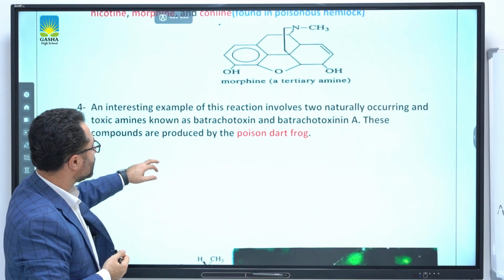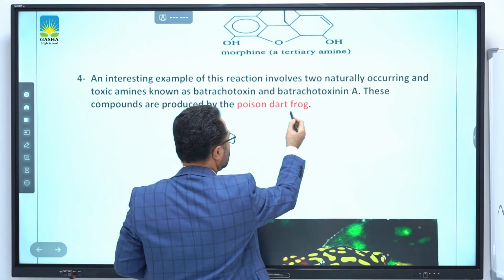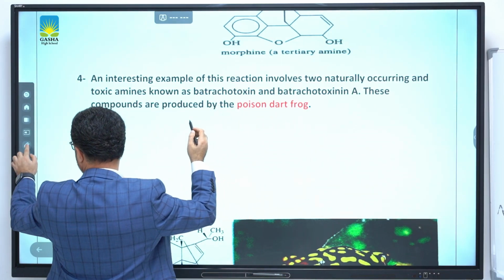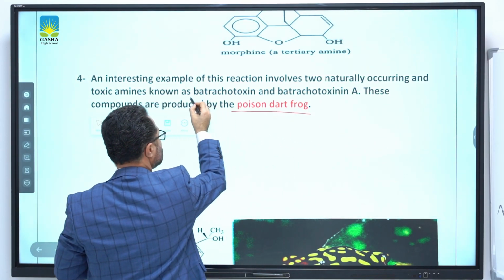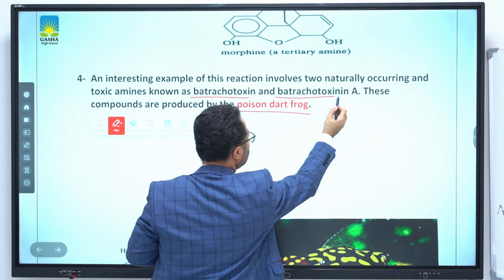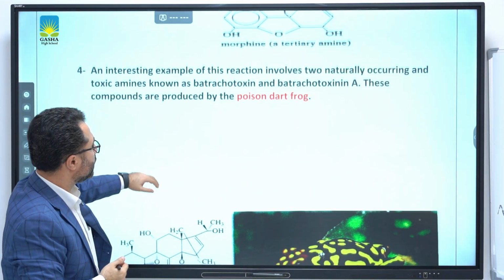And we have a toxic molecule in the poison dart frog, which has two poisons called what? Batrachotoxin and batrachotoxin A.